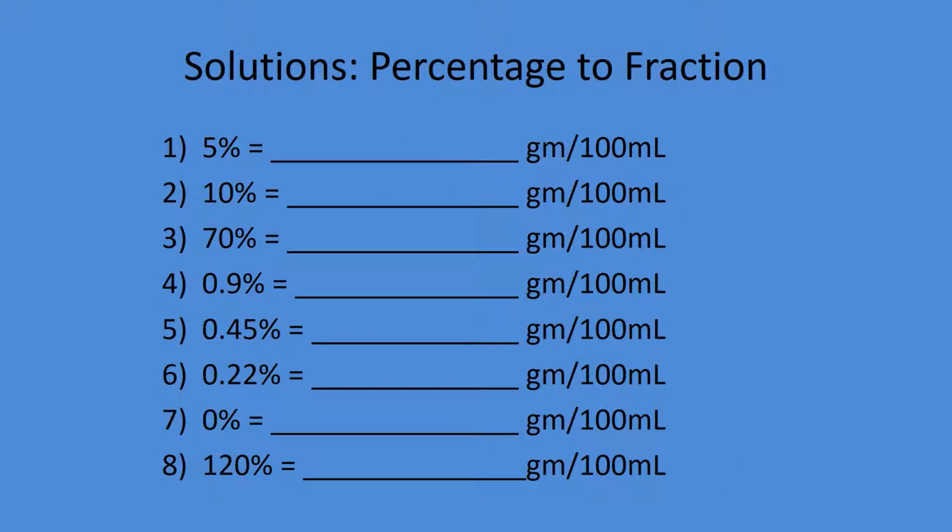Anytime you're dealing with 100 mL volumes, it makes the math quite easy. So what's 5% of 100? Well, that's just 5. 10% of 100? 10. 70%, and so on and so forth. 120%, yes. Here we're dealing with densities, but in pharmacy, we're probably not going to deal with too many things that are oversaturated.